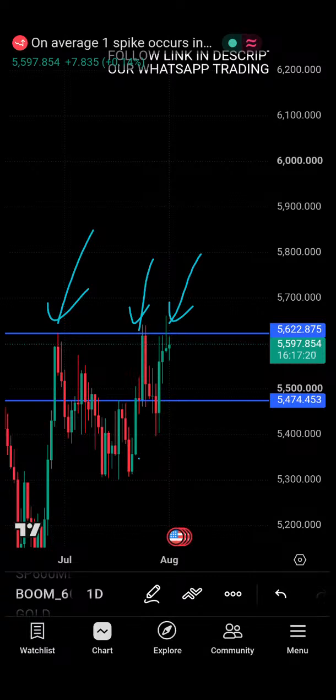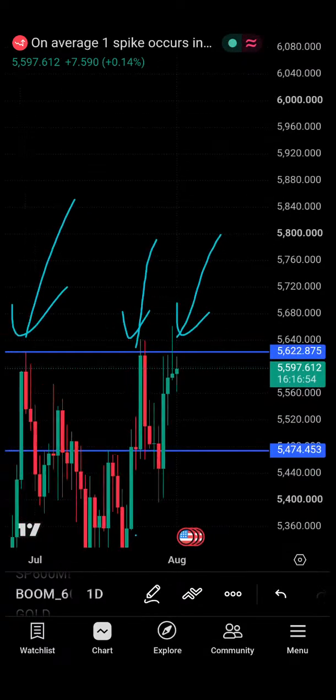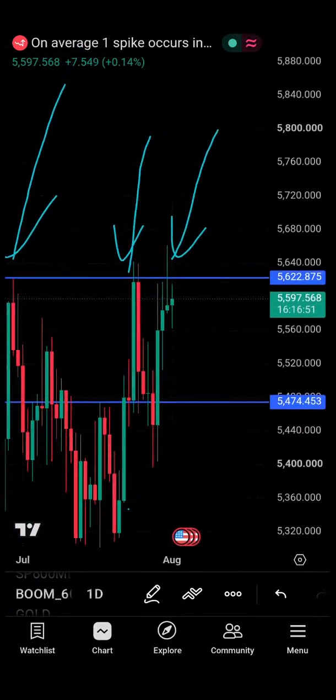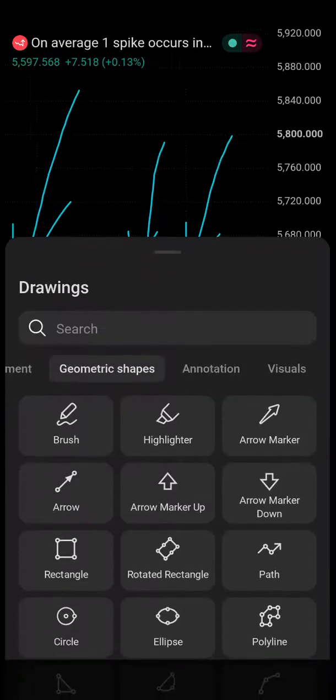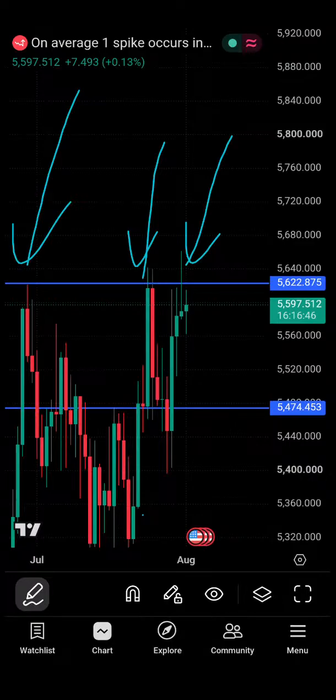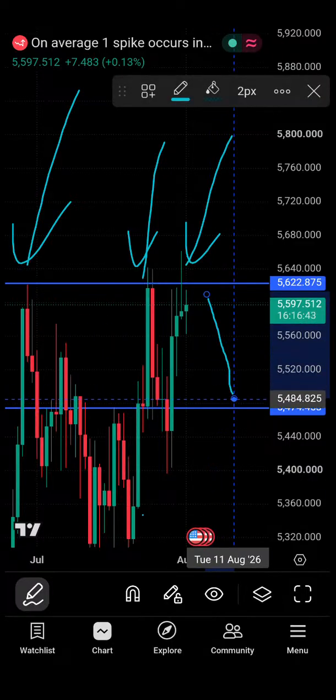If price touches a key level 3 times, that key level becomes a major support or resistance area. So here on Boom 600, we have a major resistance level, meaning in this area we can expect the market to go down.